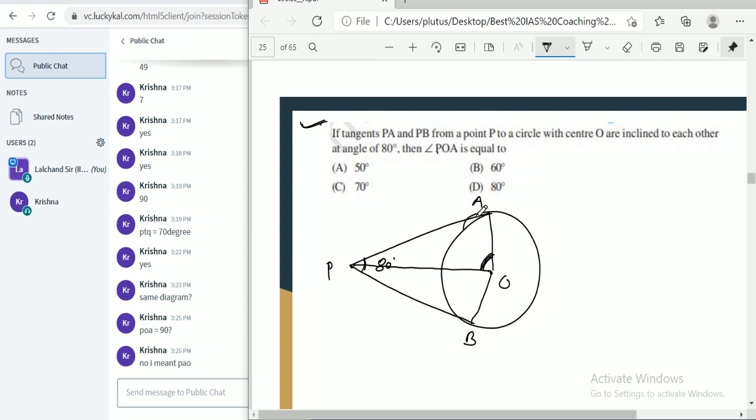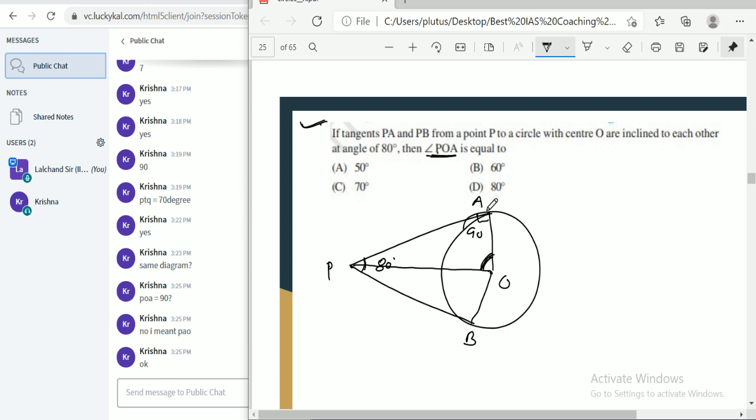Yeah, this is 90. That is absolutely right. But we need to find this angle, angle POA. This is asked in the question. So we need to calculate this angle first.